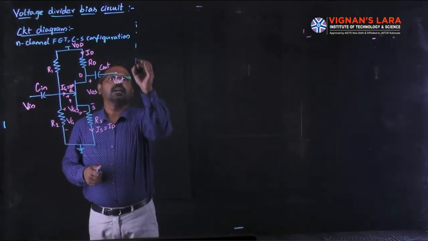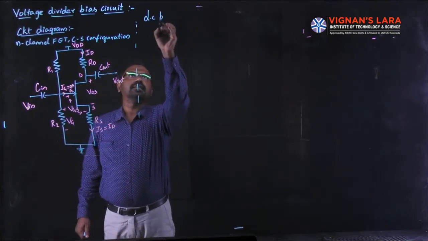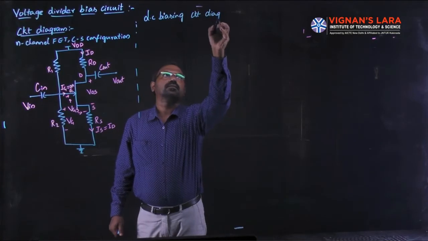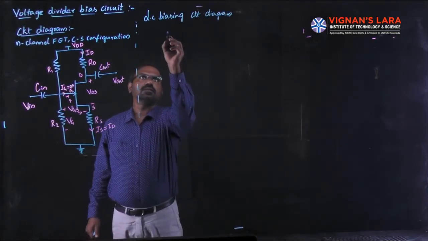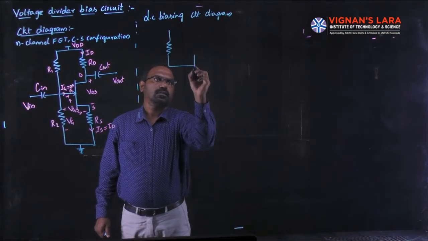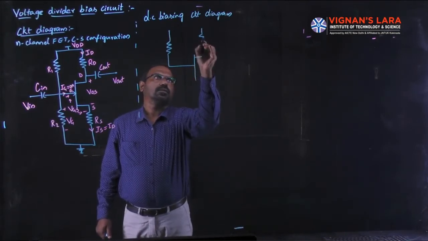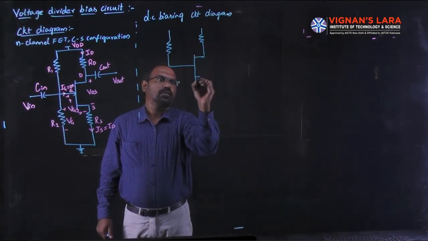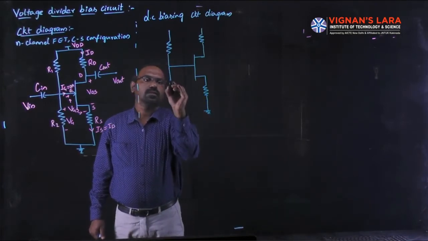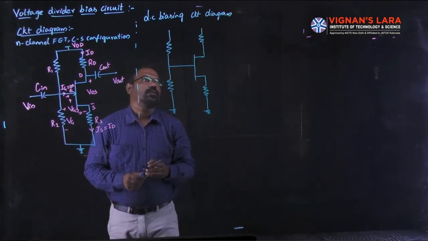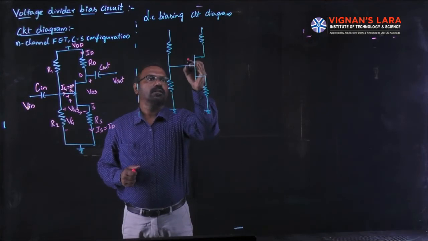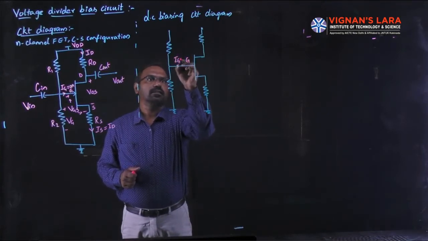So once again, I draw the circuit diagram for DC biasing. At the gate terminal, the current is 0.